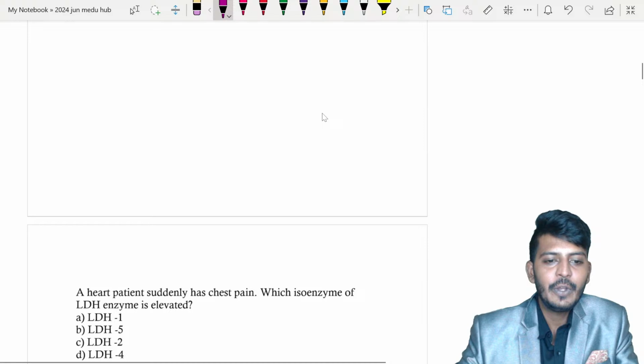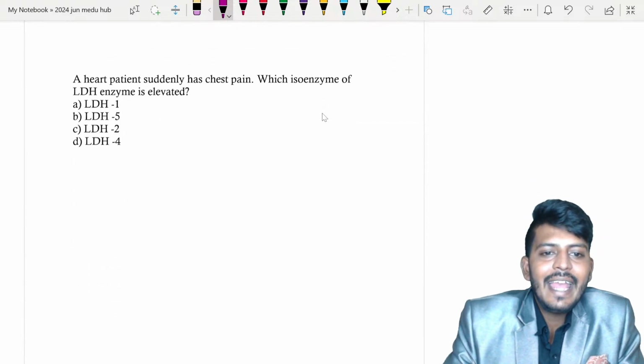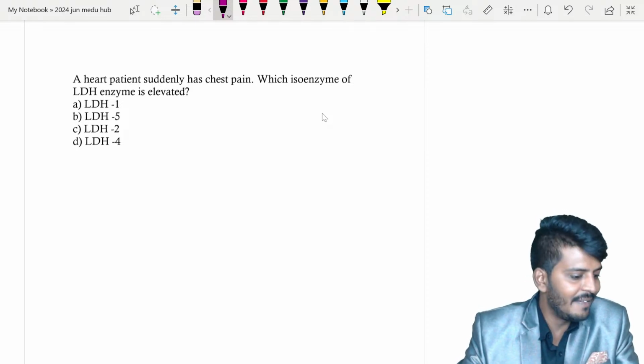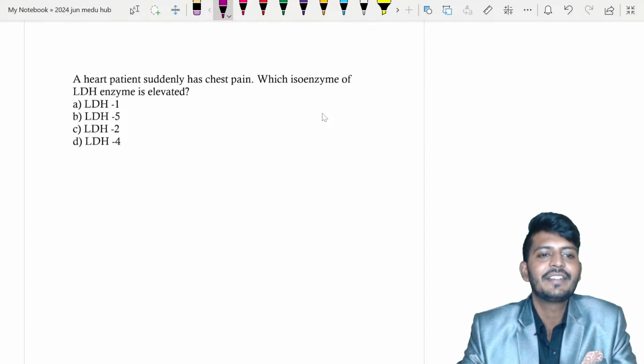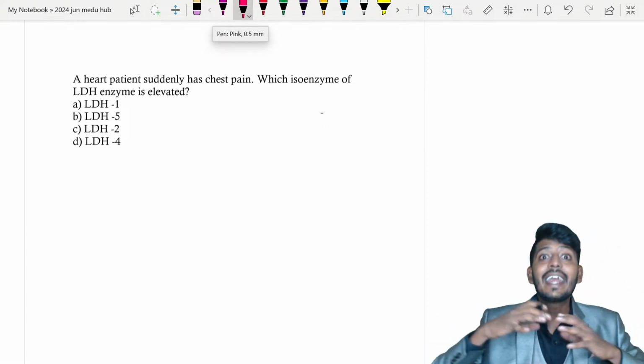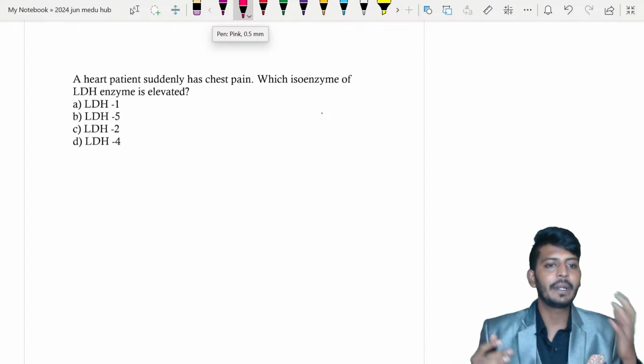Chalo, let's continue. The next important aspect. A patient suddenly has a chest pain. Which isoenzyme of LDH is elevated? Which isoenzyme of LDH is elevated? पहले आंसर देने से पहले, let's understand. But before going there, I want you people to give me the answer.